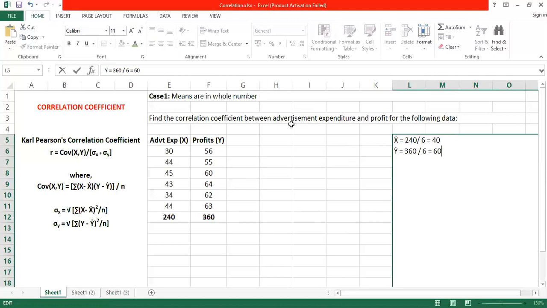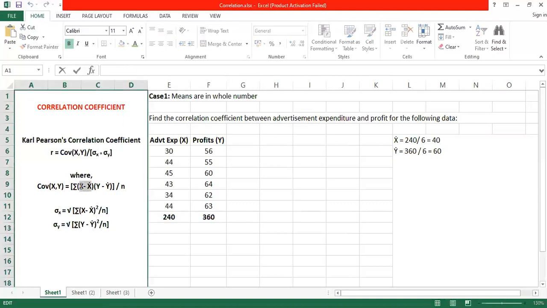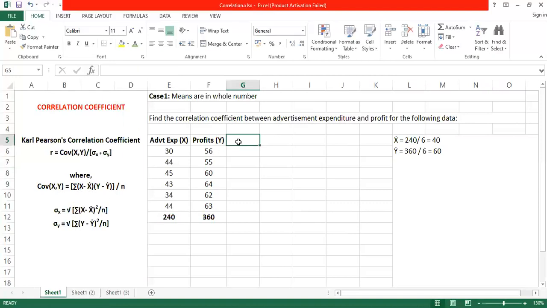Now to apply this formula, first add a column which will be x minus x bar, right? X minus x bar. Since you will be doing it manually, you need not copy paste. So x minus x bar. Now see, this is my first x, 30, and x bar is 40.